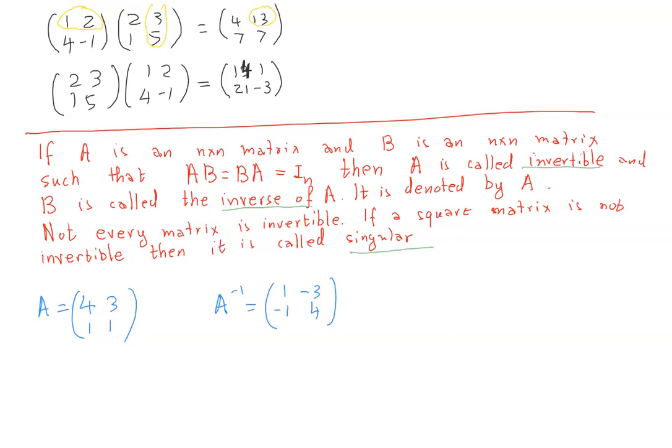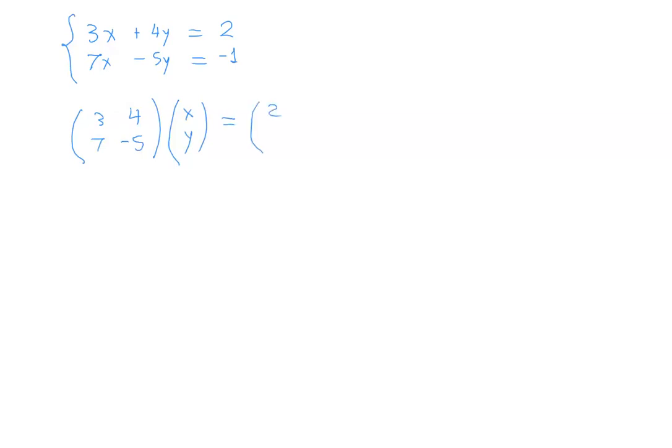However, there's another very nice thing about products of matrices that makes our life very nice here: if somebody gives you a system, let me put some negative numbers too, you can write it as 3, 4, 7, negative 5 times the column matrix xy being equal to 2, negative 1.